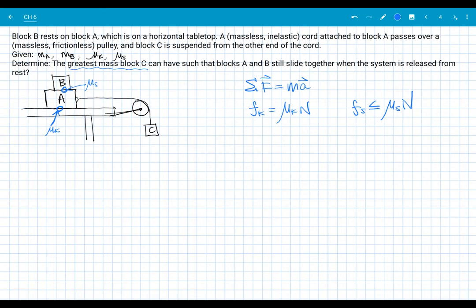So if it's true that static friction is less than or equal to mu s N, what that means is that the maximum force of static friction is equal to mu s times N. That's the maximum value it can have. Static friction has more subtlety than kinetic friction, so I like to make sure that we work with it. So free body diagrams, go ahead and get started on those.